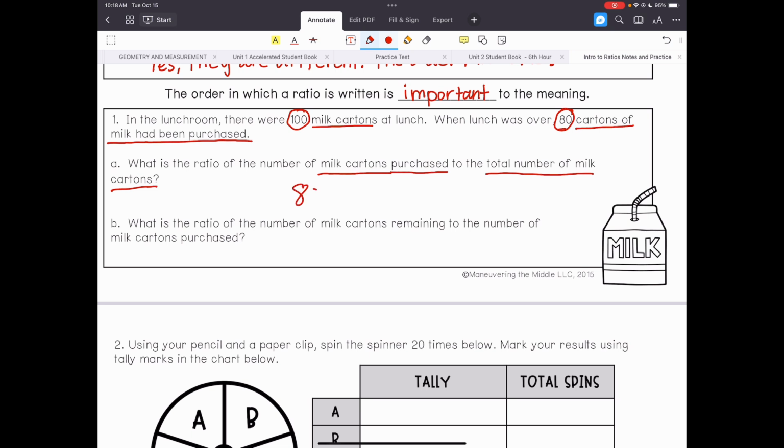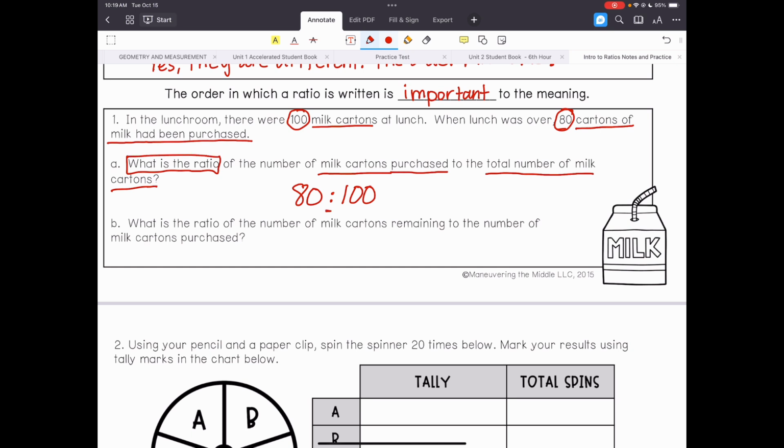So 80 is my first number because that's the first thing they stated in the ratio. The second number says the total number of milk cartons, which is what they started with, which was 100. Even though in the original statement they had the two numbers backwards, we have to look at what the actual question is asking for, which is what is the ratio? And that's what tells me that I need to use my colon in there.